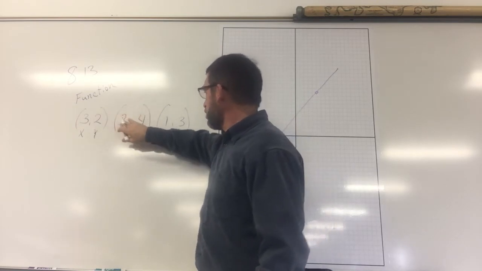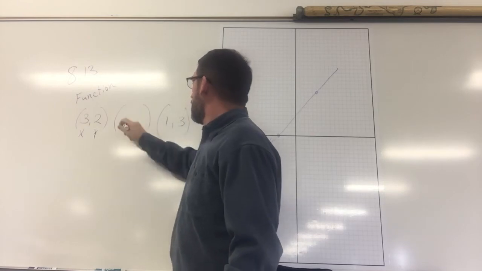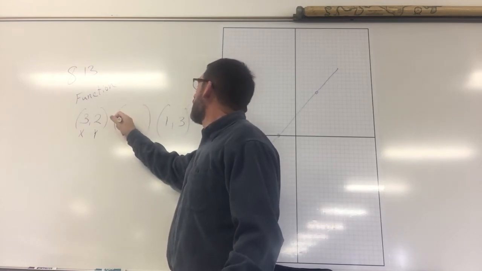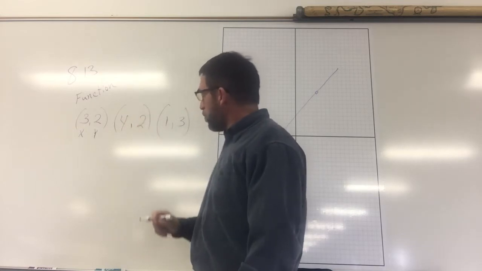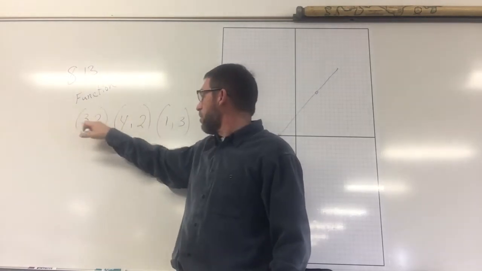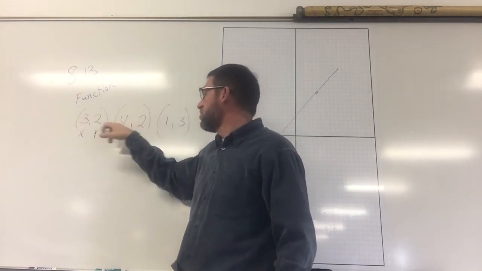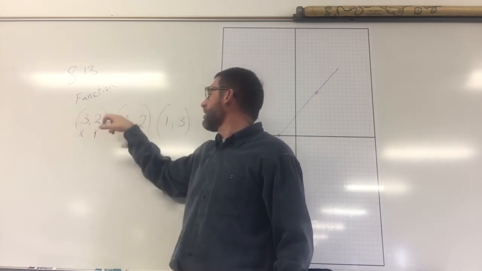Let's reverse this back up here again. Let's make this here a 4 and a 2. You can have 2 y's with the same number and be a proper function, but you cannot have 2 x's with the same.